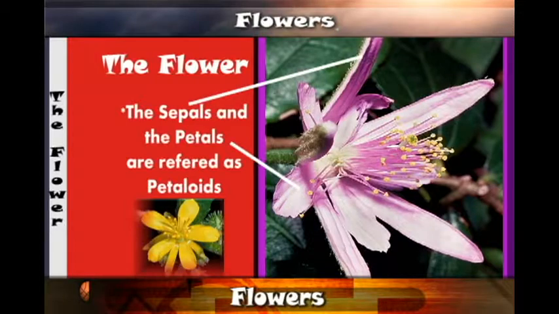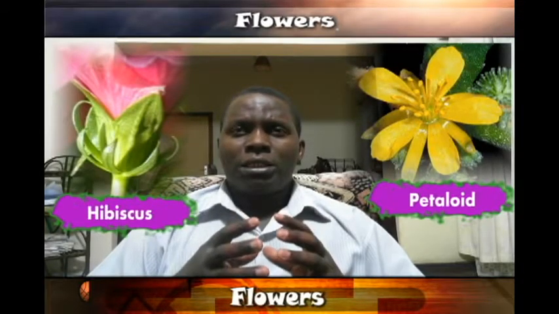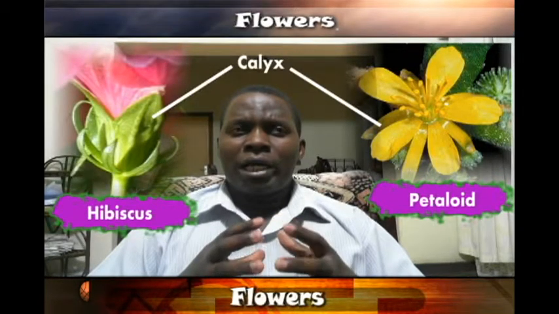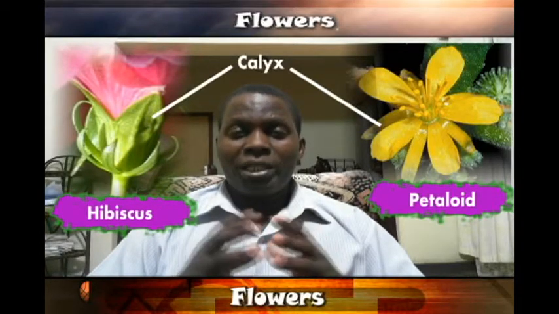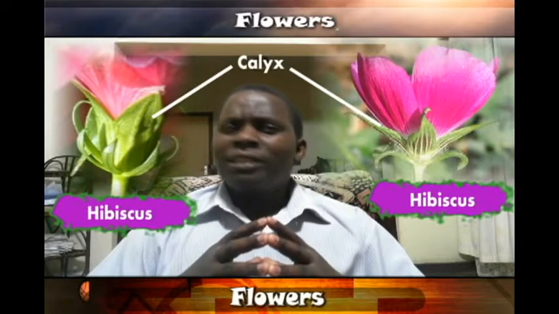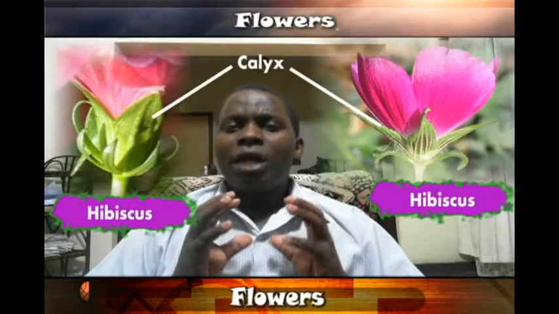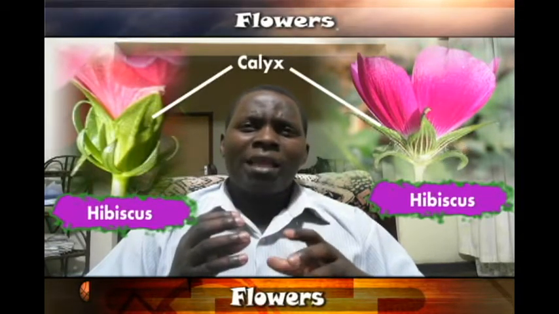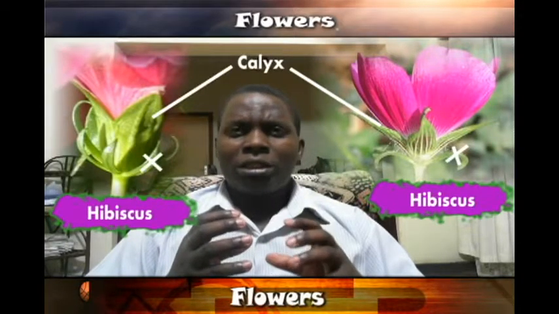And you'll find that in flowers like the hibiscus, there is a second floral wall that is outside the calyx, something that would look like another form of sepals, but they are not sepals.